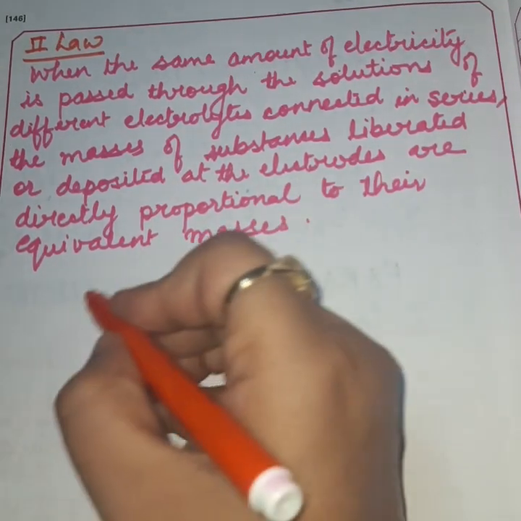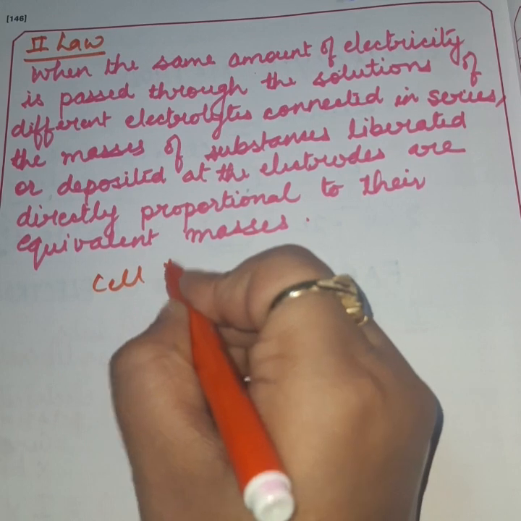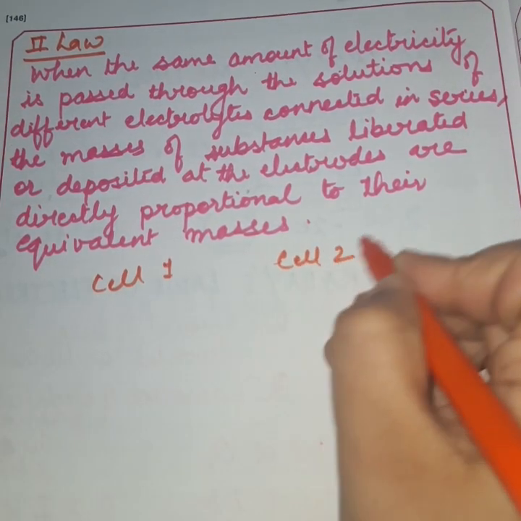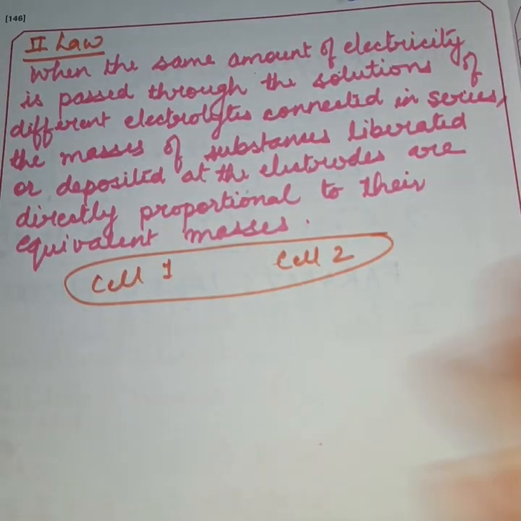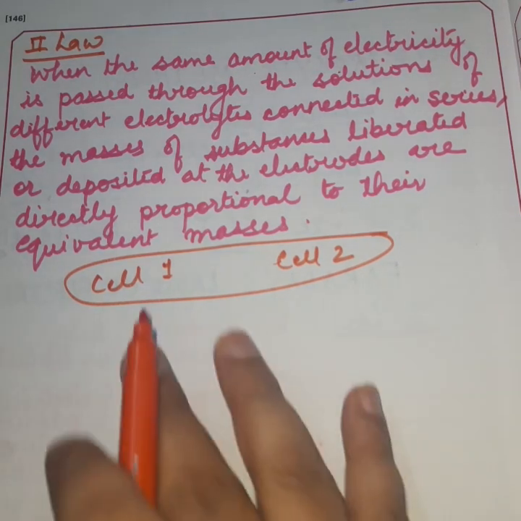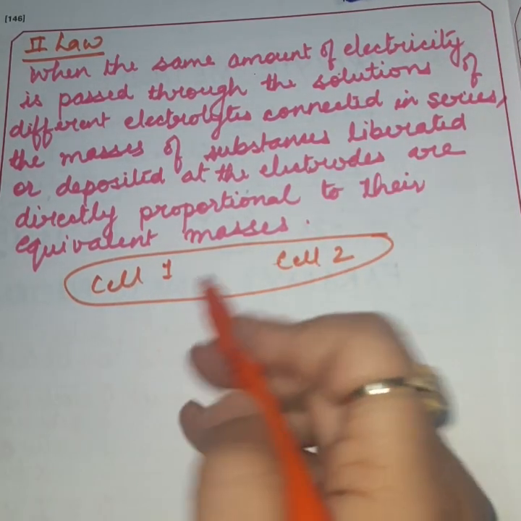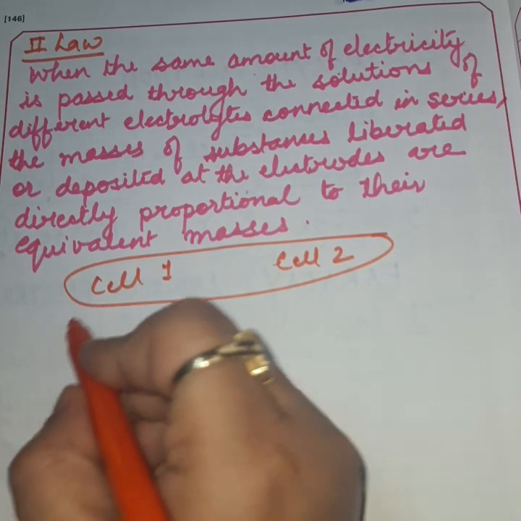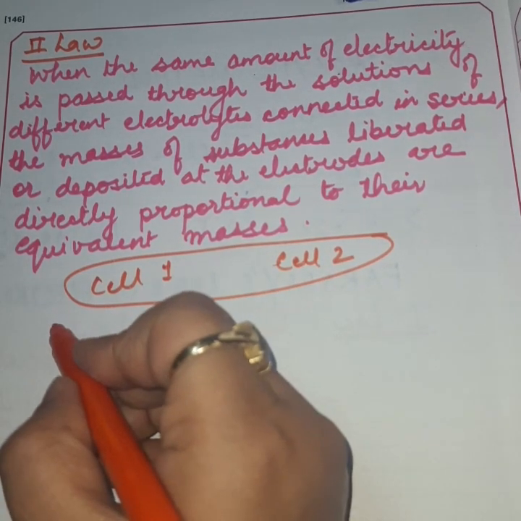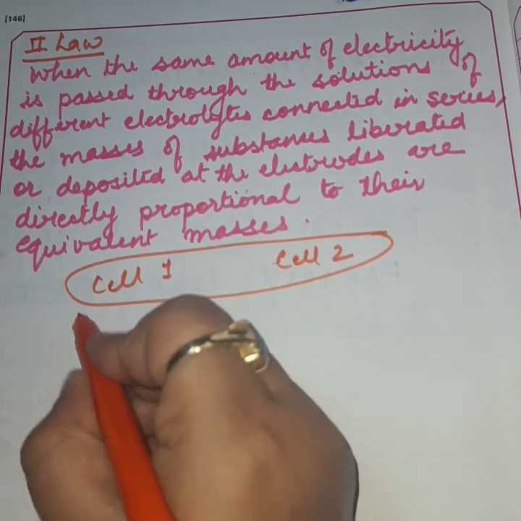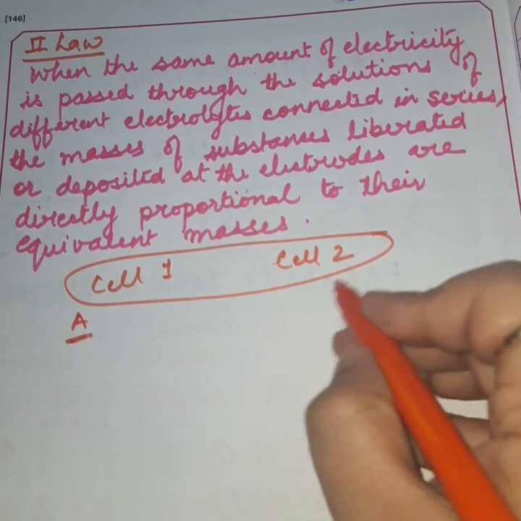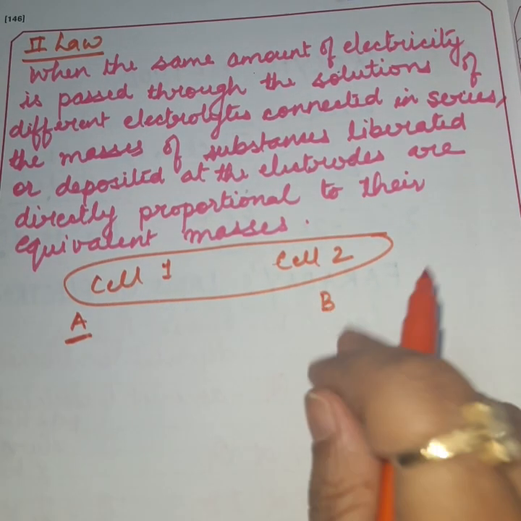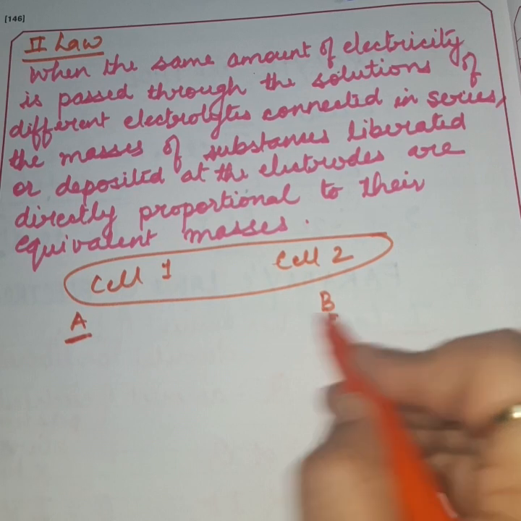Suppose we have two cells, cell 1 and cell 2, connected in series, and we are passing the same amount of electric current. According to this law, at cell 1, let us assume a substance A is deposited, and at cell 2, a substance B is deposited at a particular electrode.